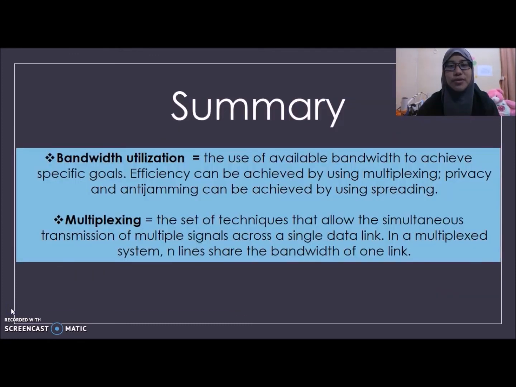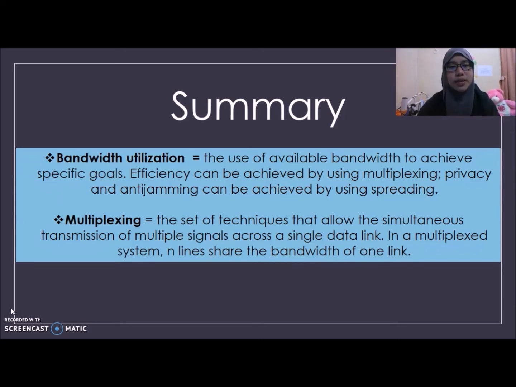Okay, and finally, from me and Haiza, the summary of our presentation is: bandwidth utilization is the use of available bandwidth to achieve specific goals, and efficiency can be achieved by using multiplexing.